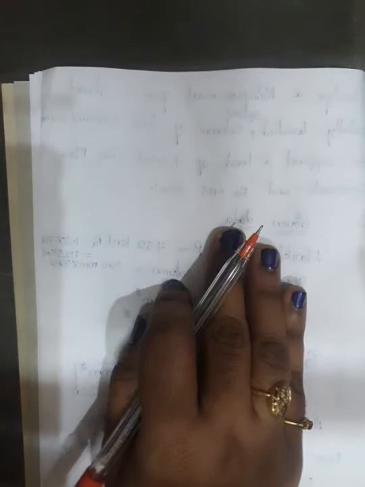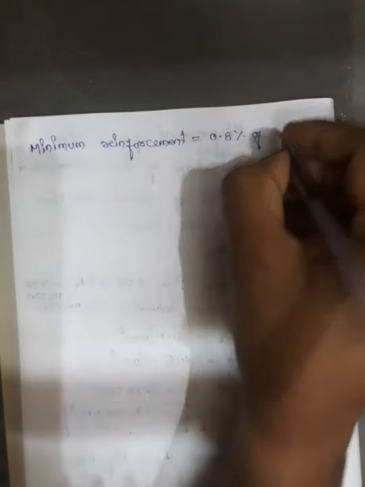So after finding the Asc, we need to check whether the reinforcement we have calculated is within the limits. So we have the minimum reinforcement and maximum reinforcement. So minimum reinforcement is equal to 0.8 percentage of gross area.